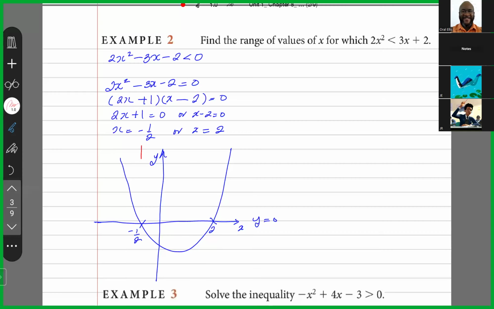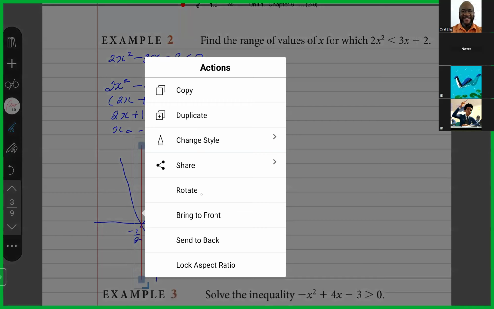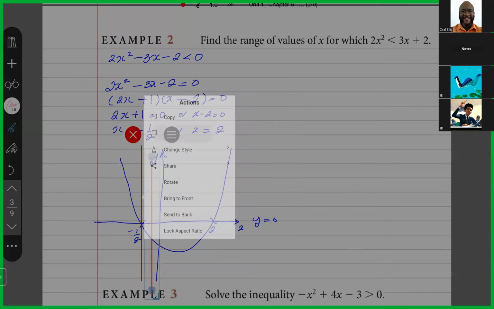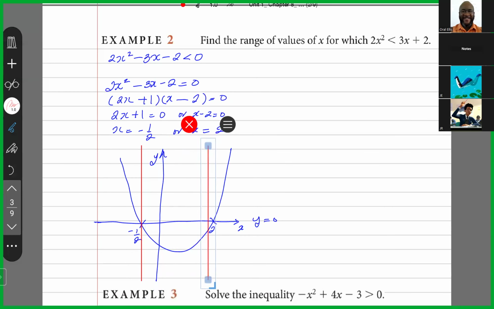And if we do what we did for the last question, divide up the graph according to the roots, we basically have three regions.